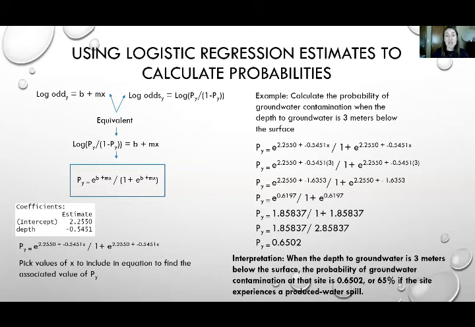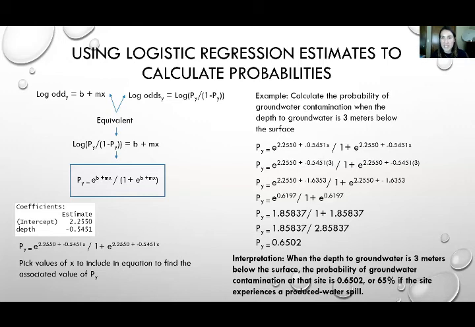I could either give you a value for X and then ask you to calculate the probability, or I could give you the probability and ask you to give me the value of X. So either way, you would need to know how to do your math, so you can either find the probability or find the meters, your X variable.